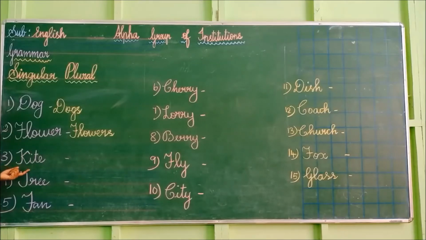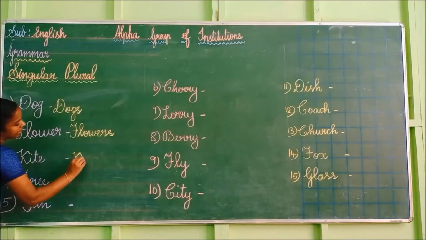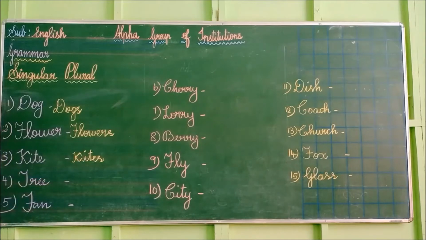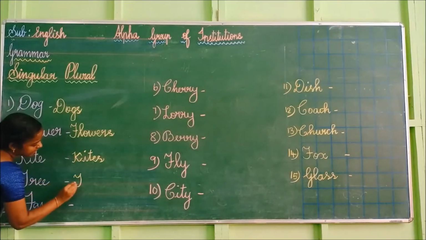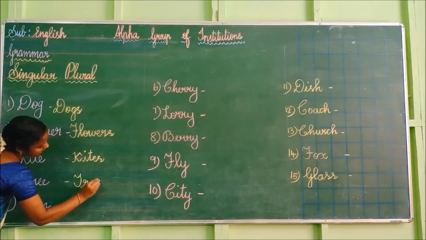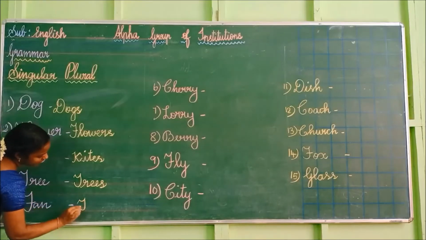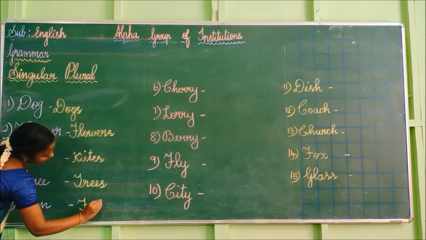Kite. It is also a regular noun. You have to just add S. Kite, kites. The plural form of kite is kites. Tree, trees. T-R-E-E-S. Trees. Fan, fans. F-A-N-S.